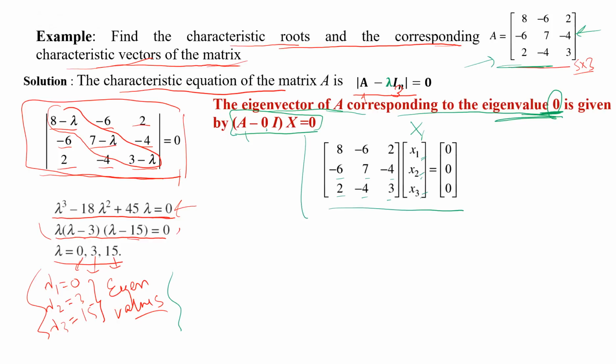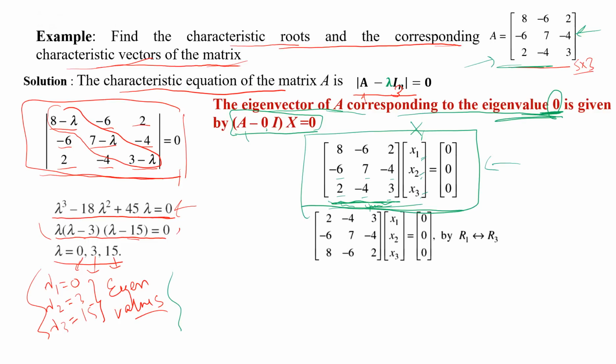Now this is a homogeneous system of equations, and how to solve a homogeneous system was discussed in the previous lectures. First we convert the coefficient matrix into echelon form by using some row operations, then we discuss the rank, and then the solution of the system.